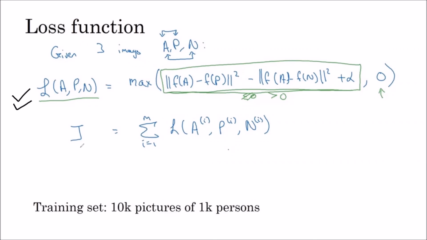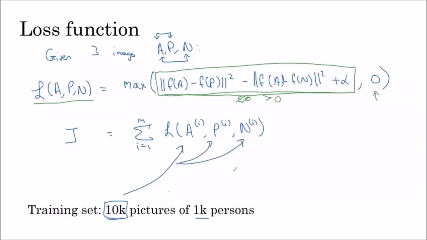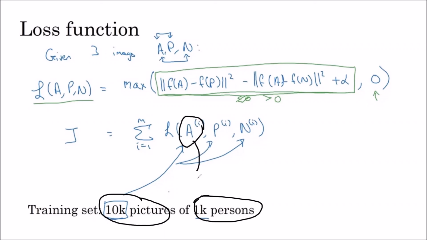We take the entire training set, then sigma i equals 1 to m. This is the summation of all the losses due to all the training samples. That is what we call the cost function. For example, we take 10K pictures in the training set for 1K persons. Why are we taking 10 images for each person? Because here we require an anchor image.